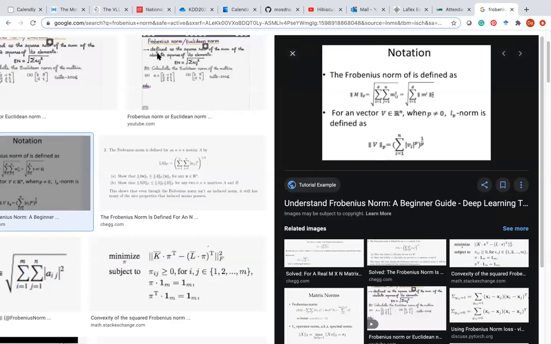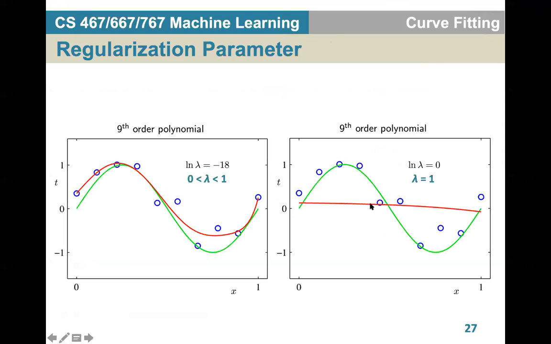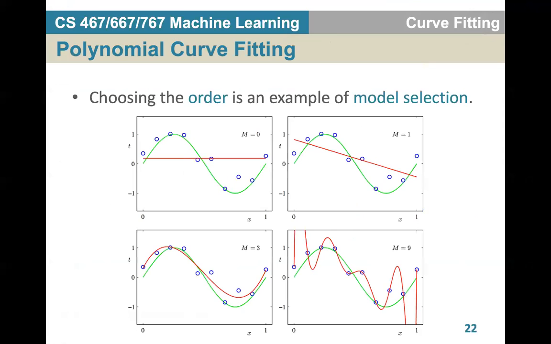I see a student ask why we do regularization. Yes, this is where we are getting to. Now, if you do regularization, even with just 9 points, you can get this line on the left-hand side, because we have a regularization value. If you don't have regularization, you will get this one on the lower right corner.